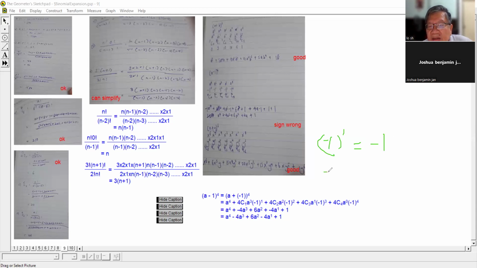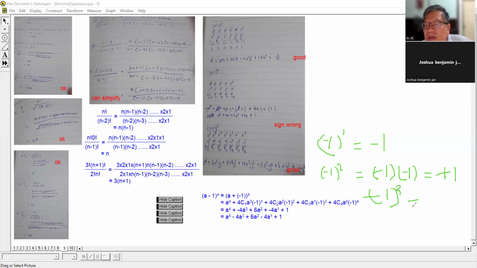Now let's say -1 raised to the power of 2. It will be -1 multiplied with -1. What is -1 multiplied with -1? Positive 1. Correct. The answer is +1.